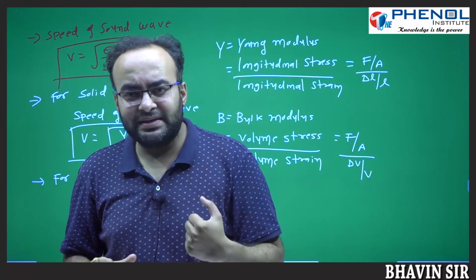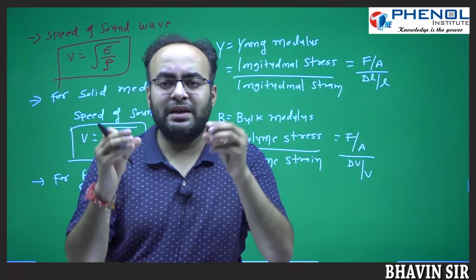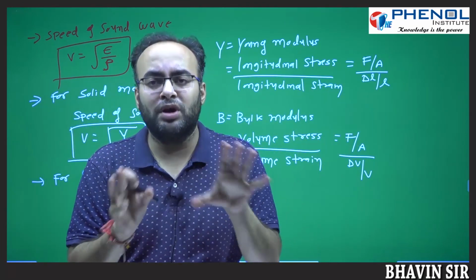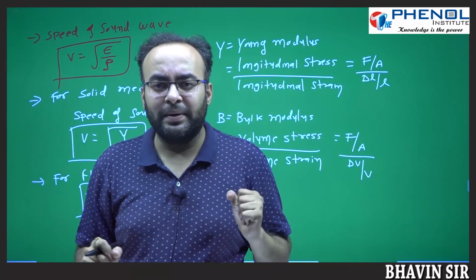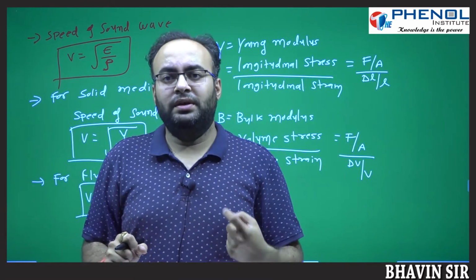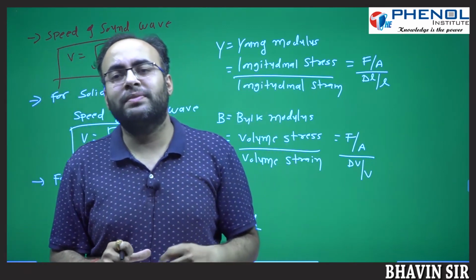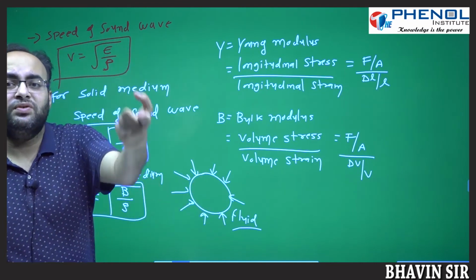What is our example? When air enters a balloon, the air exerts force on each and every part of the balloon, and the volume of the balloon is increased. We blow the balloon. So this is the example. Balloon is an example of volume expansion, and this is done by the air, meaning by the fluid.